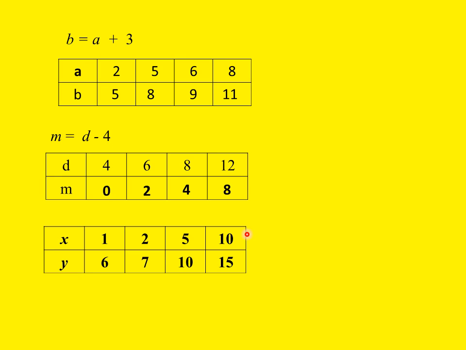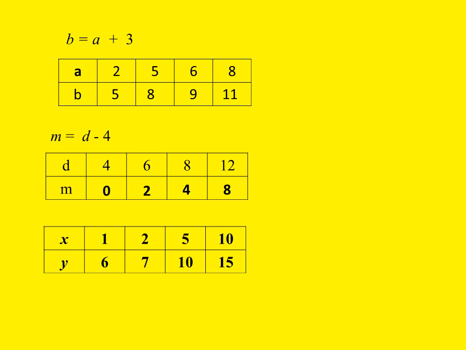I have done the same thing each time. Same thing there, same thing there, same thing there, same thing there. So what you have to do is look at what's happening here. What happened for 1 to become 6? What happened for 2 to become 7? What happened for 5 to become 10? What happened for 10 to become 15?